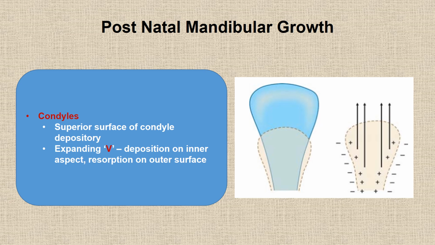Now, the superior surface of the condyle undergoes bone deposition, and it also moves in an expanding V configuration, with deposition on the inner aspect and resorption on the outer surface.